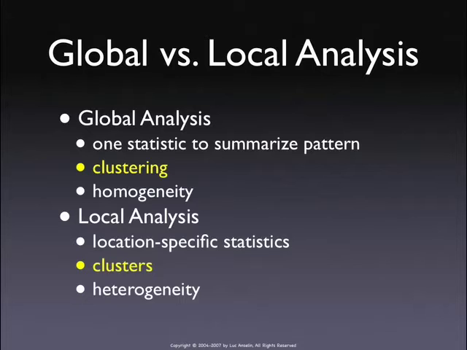And then it's important to identify specific locations of interest. So rather than focusing on the overall pattern in a global way, we focus on specific locations that are somehow interesting or different in the sense that they form local clusters or they form local spatial outliers.